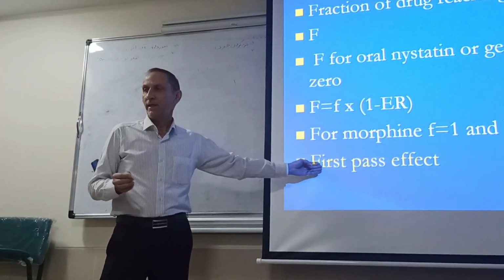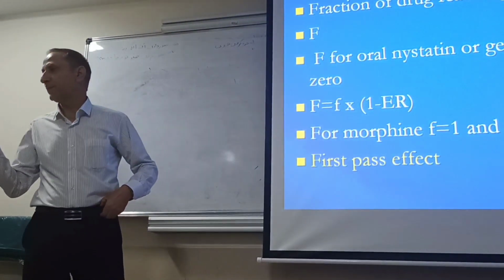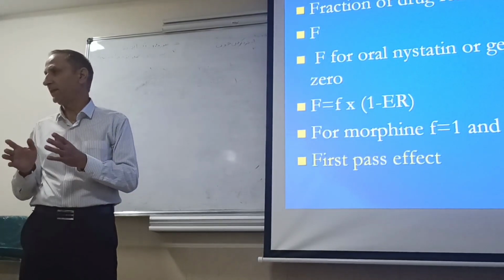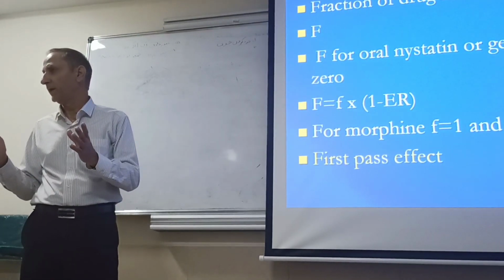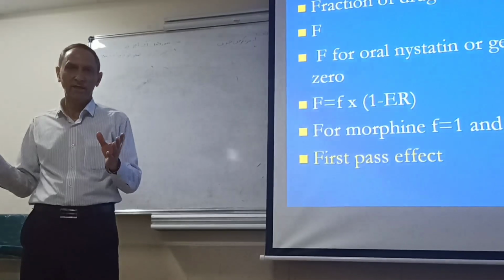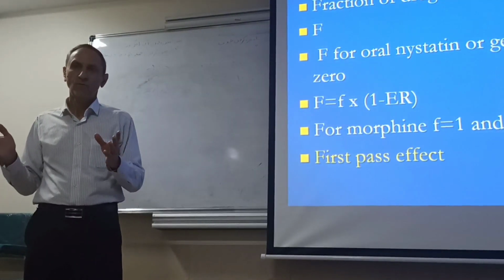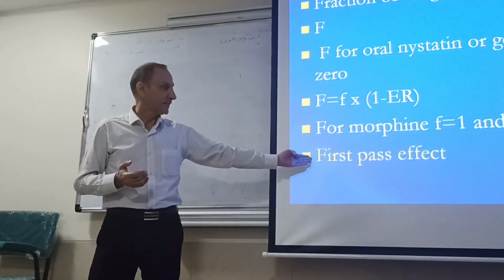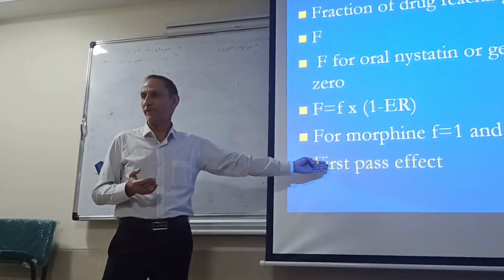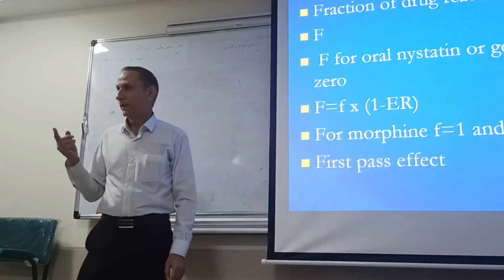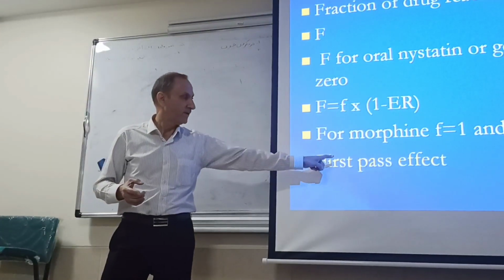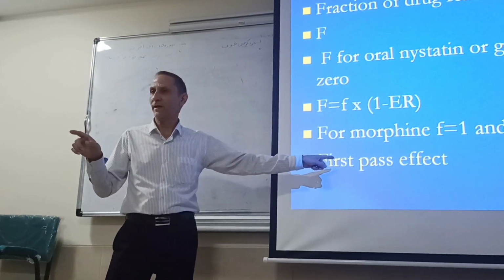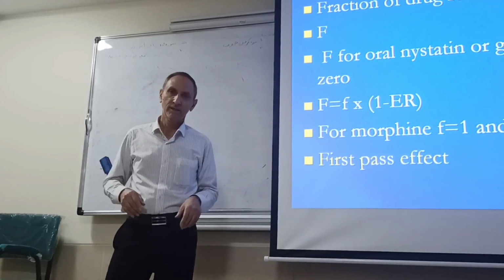If we say that a drug has a high first pass effect, it means that it has a high rate of metabolism in the liver. For testosterone, as an example, we say that it has a high first pass effect. It means that by first passing through the liver, most of the drug is metabolized.